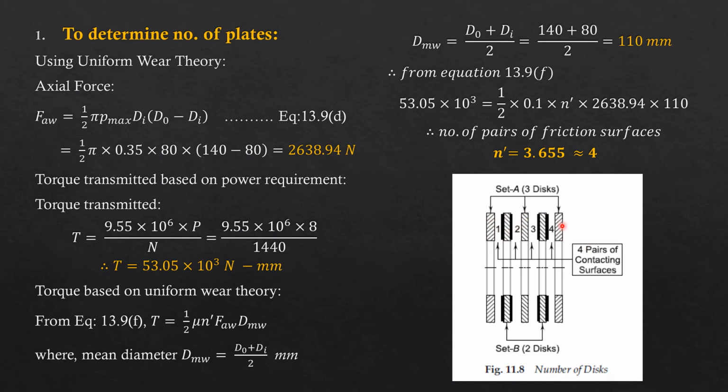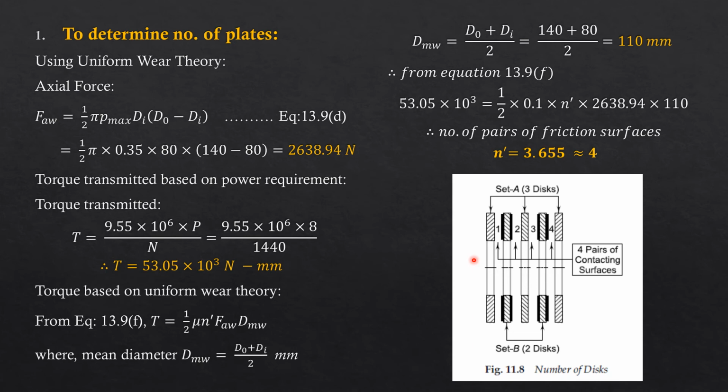Right. Therefore, if the number of surfaces in contact is 4, then the total number of plates will be n dash plus 1, right? So the number of plates will be 5, to obtain the number of frictional pairs as 4, right?